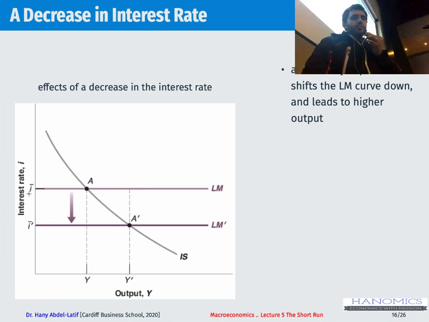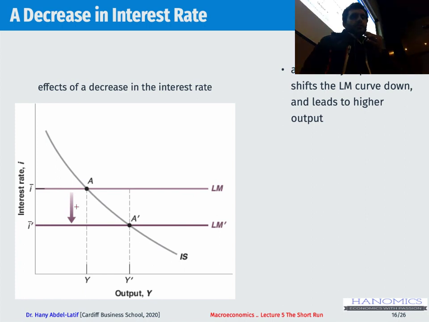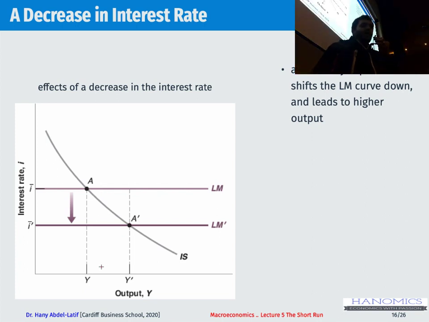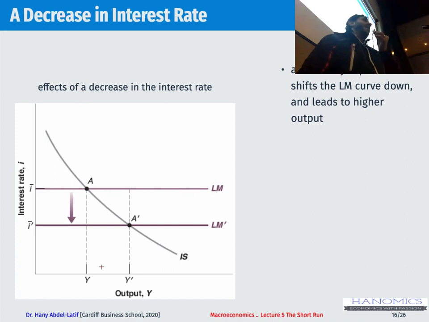Changing that to a lower interest rate, I bar prime here, shifts the LM downward, and that means we move from equilibrium point A to A prime. How is this going to affect interest rate and output?